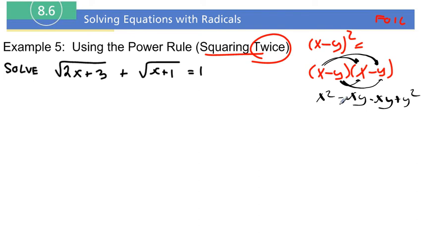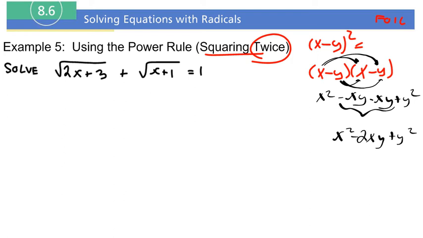So as you can see here, these two terms we can add together, because there's a negative 1xy and a negative 1xy. So we'll get x squared minus 2xy, because there are two of them, one right here, one right here, plus y squared.